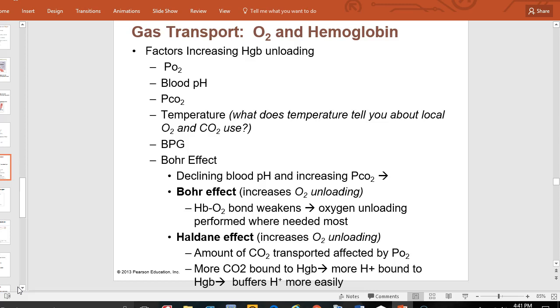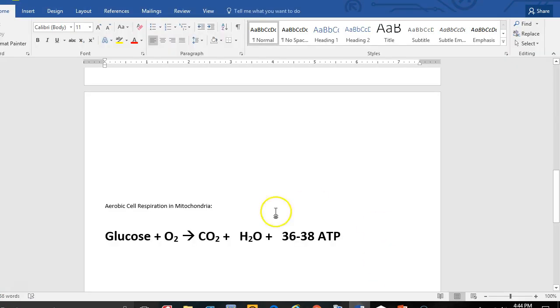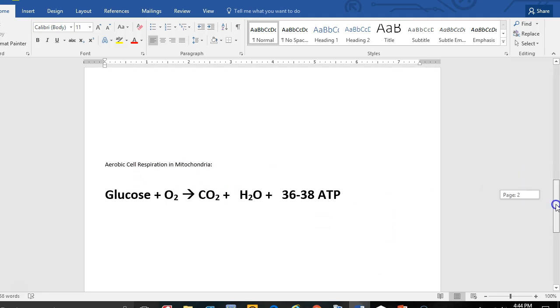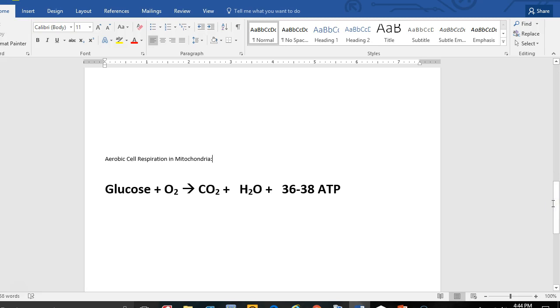So if you think about how and why oxygen gas and CO2 are produced and used, let's take a look at the logic of those two statements. If you go back and consider aerobic respiration that takes place in the mitochondrion of the cell, we use glucose and oxygen gas to yield carbon dioxide, water, and 36 to 38 ATPs.